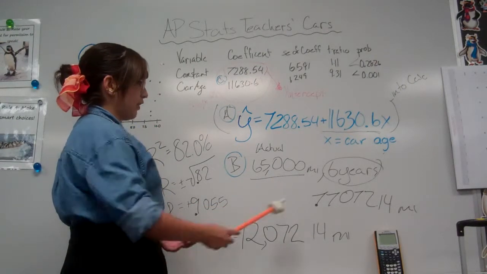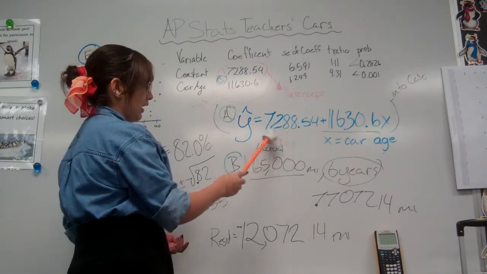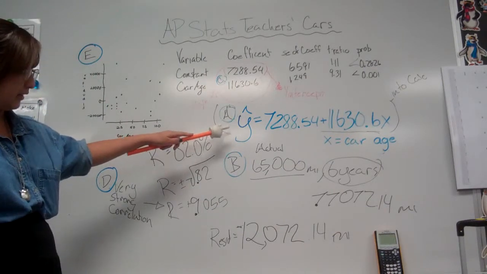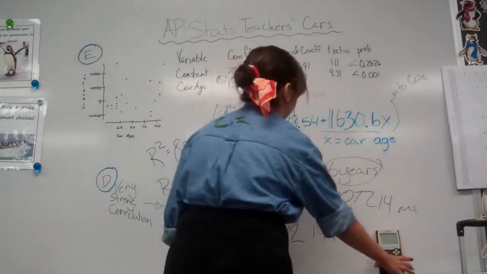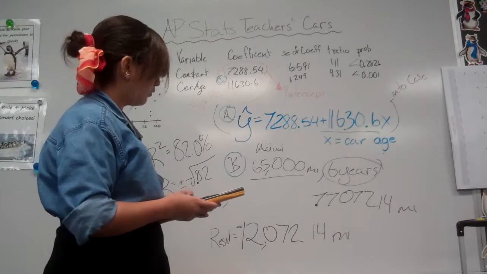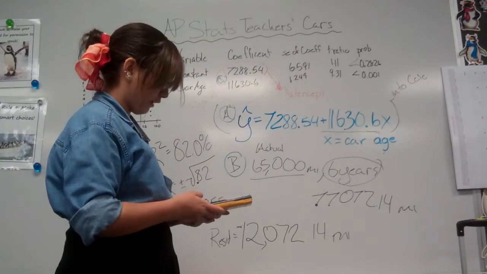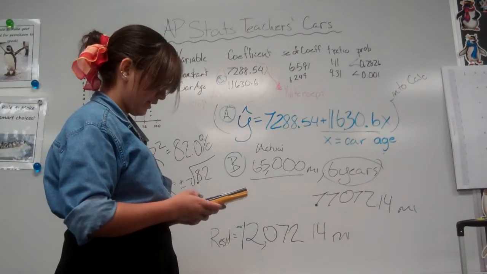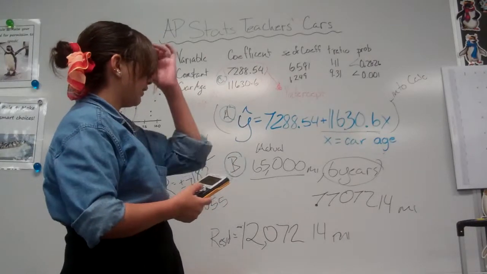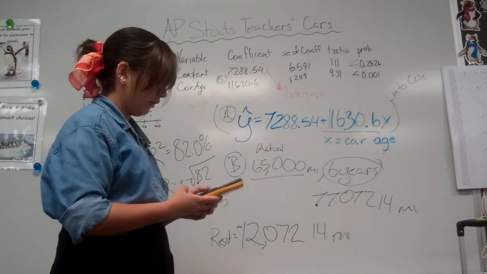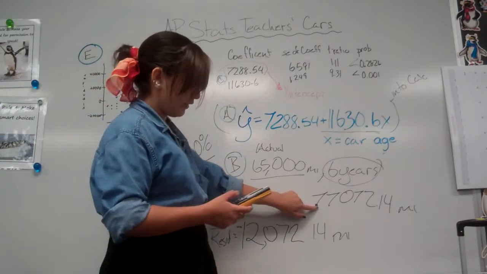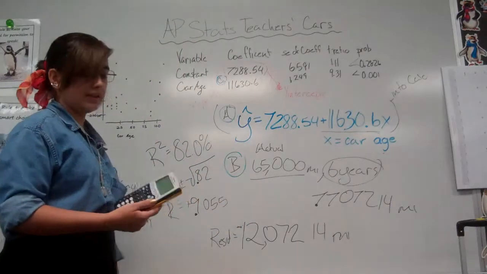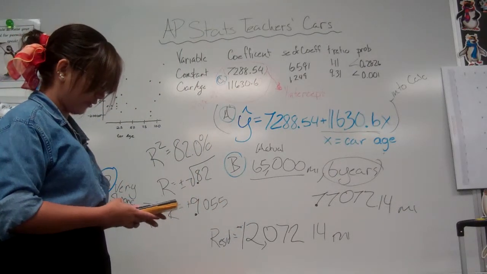So we plug 6 years in for x in the least squares regression line we found in A. Typing that into the calculator, 7288.54 plus 11,630.6 times 6, we would find that it is 77,072.14 miles.